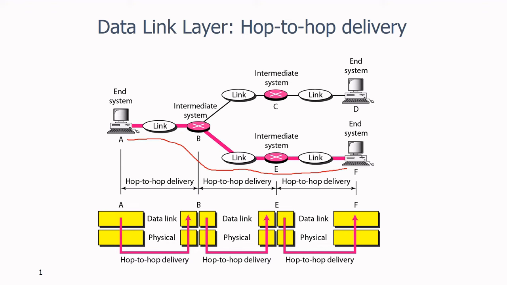Okay, so the data from system A is going to go through routers B and E to reach F. Okay, so how that's going to happen is at first the data is going to go from A to B, and this is going to be your very first hop-to-hop delivery, and then the data is going to go from B to E, and that's going to be your second hop-to-hop delivery, and then the data is going to go from E to F, and this is going to be your third hop-to-hop delivery. So when the data is being sent from A to F, it's going to be sent through these hops or jumps, okay? And this is going to be done by the data link layer with the help of MAC addresses.